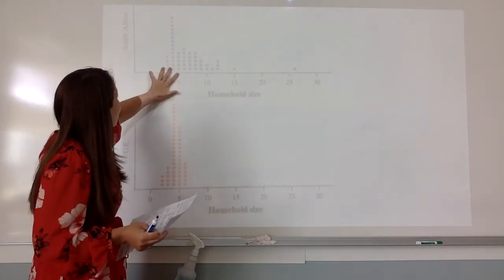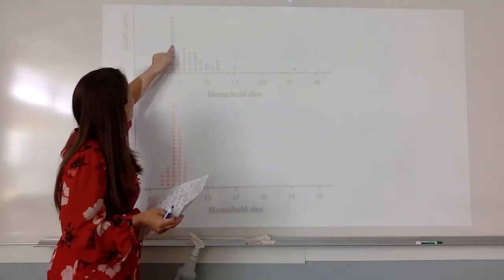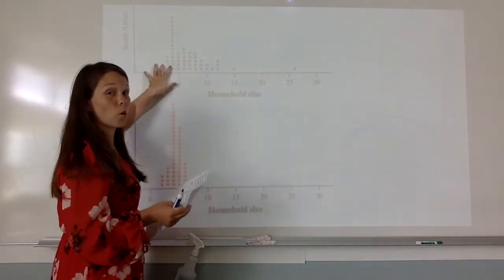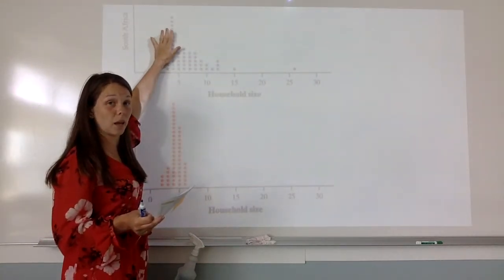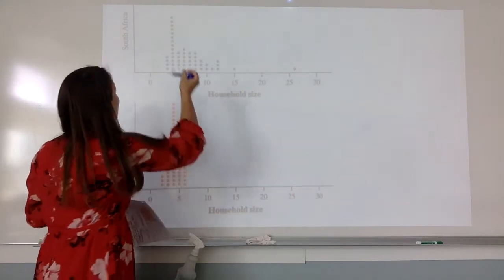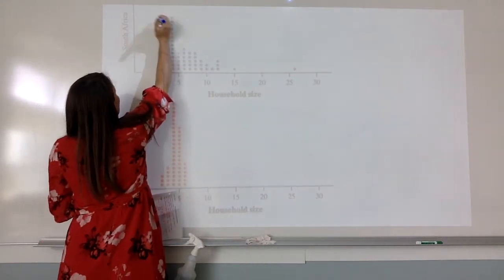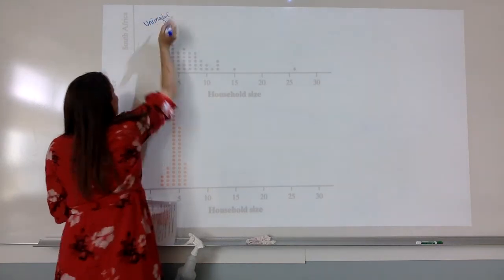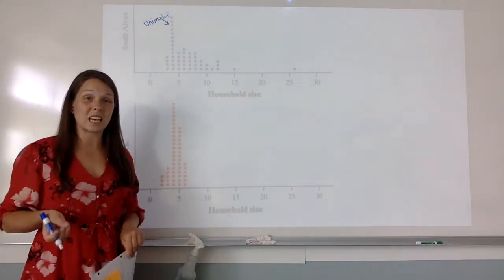First thing I'm noticing is that in South Africa, there's a huge spike here. And in no other part of the graph is there quite as much of a spike as there is right here. So this part is telling me that it is unimodal. So we have one great big peak here in this graph.